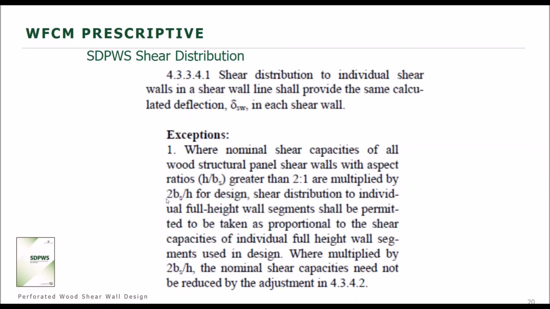Where we apply this 2bs/h adjustment factor, we don't need to use the strength adjustment that's referred to in SDPWS 4.3.4.2. Now, in the 2015 WFCM, this adjustment is taken for seismic, but not for wind.